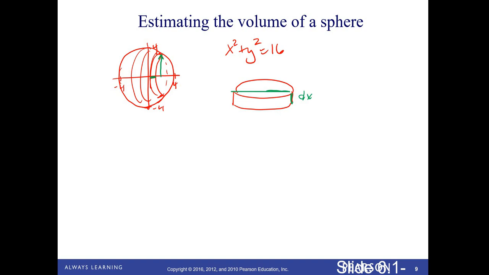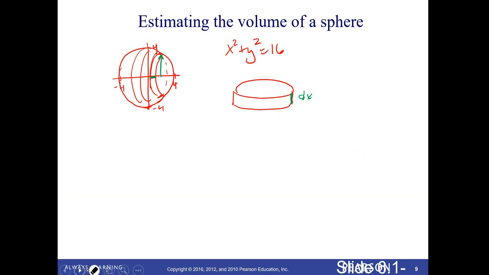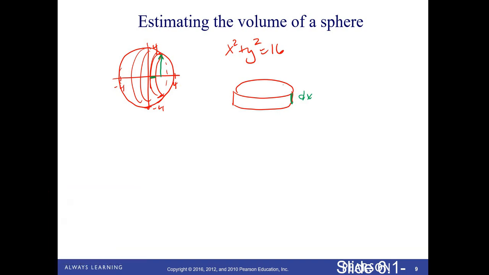Oh, where's my eraser? Let me try it this way. Okay, so this is my radius, and the radius is actually my function value f of x.